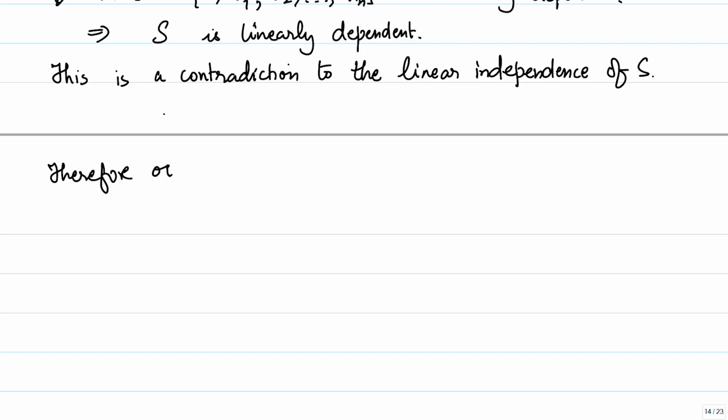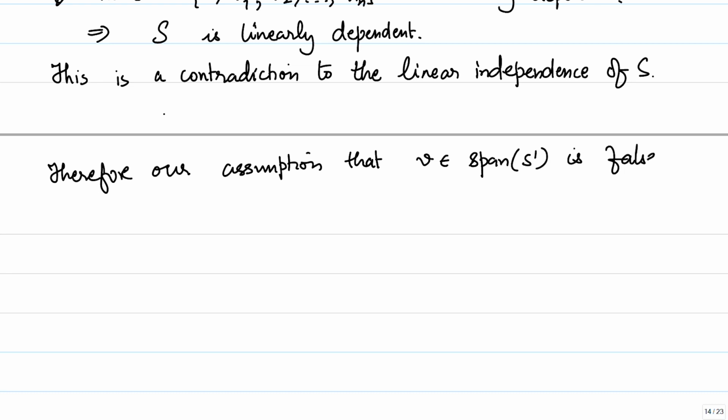our assumption that V belongs to span of S prime is false. That means V does not belong to span of S prime.